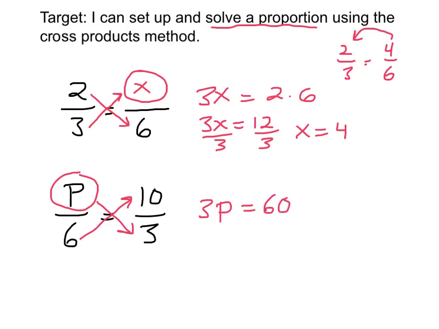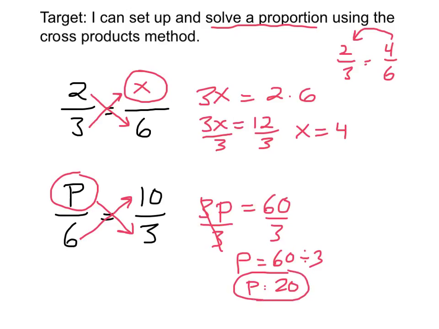So my equation is 3p equals 60. If I divide both sides by 3, I get p equals 60 divided by 3. So p equals 20. So 20 over 6 is equivalent to 10 over 3. That would be a proportion.